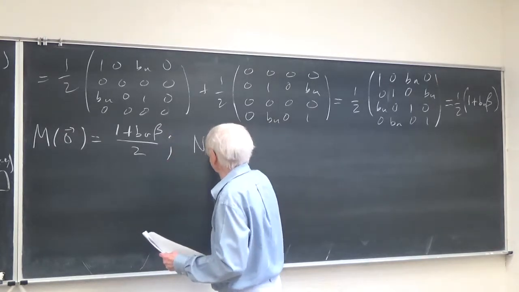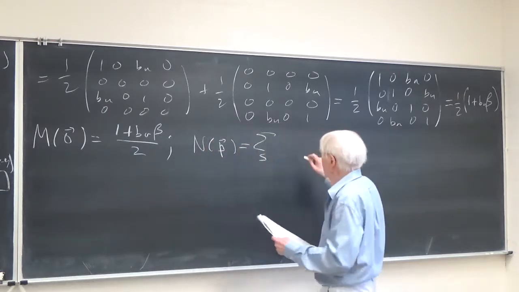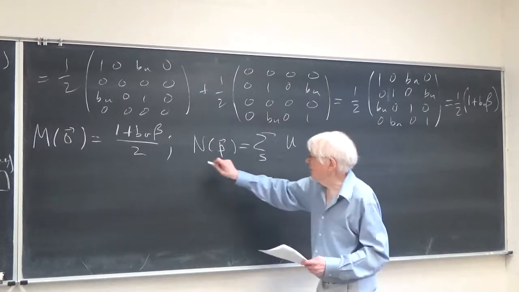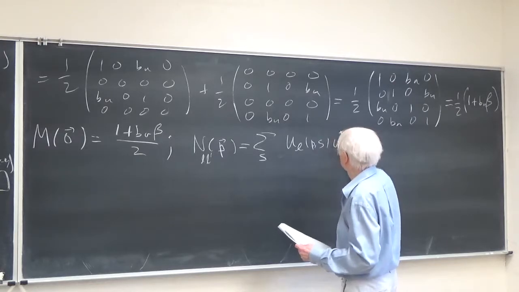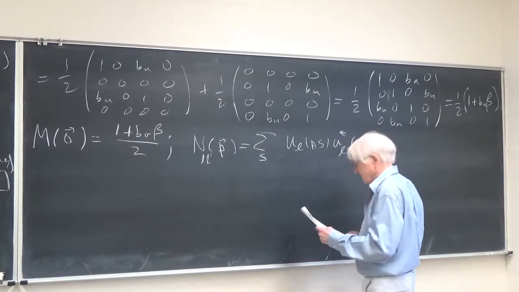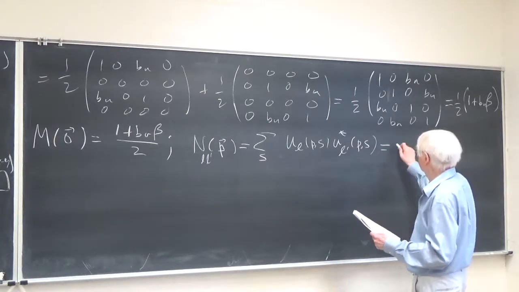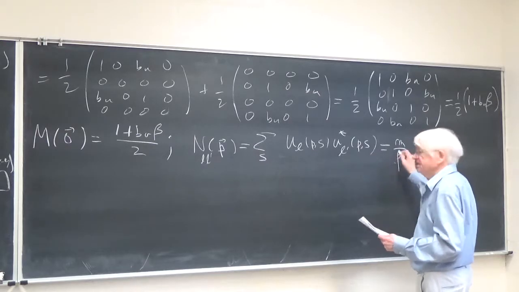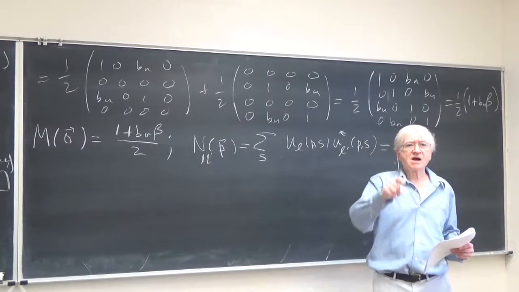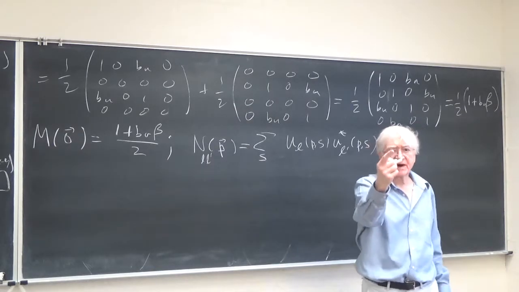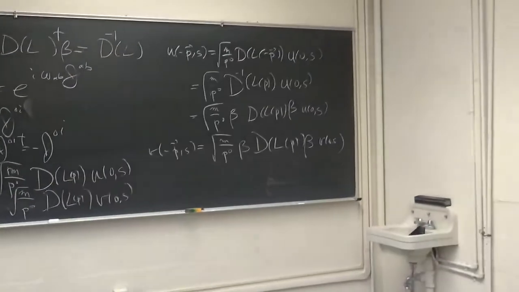All right, so what are the finite momentum ones? Well, N of P is, of course, a sum on S of outer products, or if I do LL', it's U_L of P and S, U star L' of P and S. But this, of course, is the M over P0. You remember the formula, it's up there.